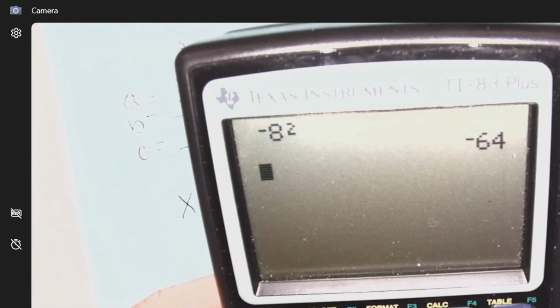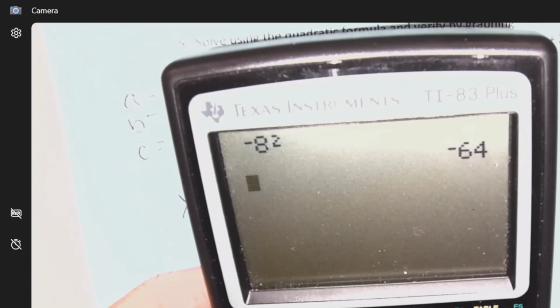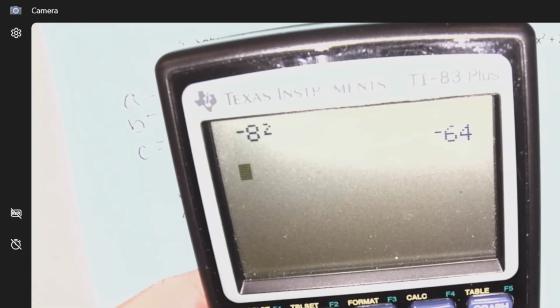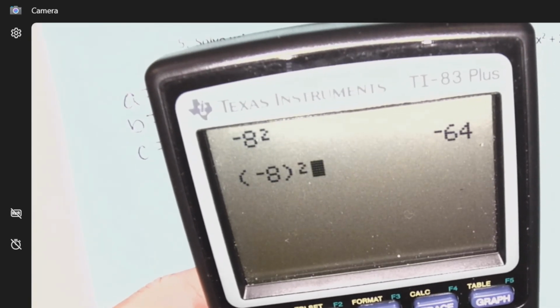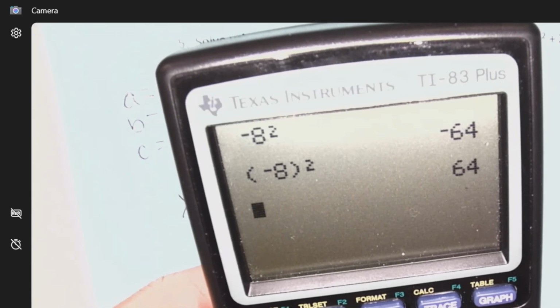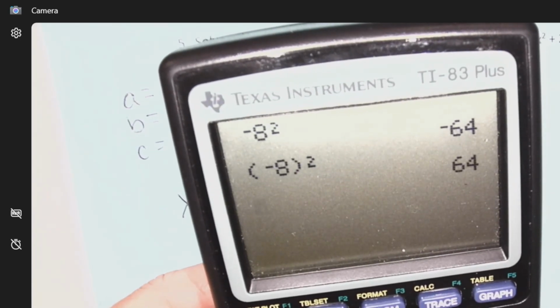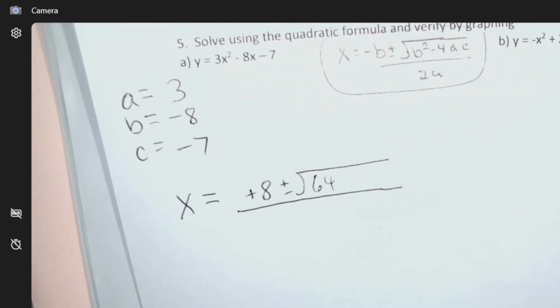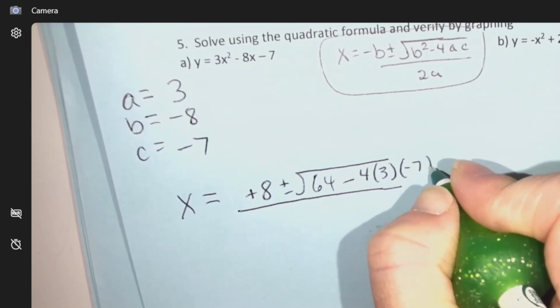Oh, negative 8 squared. No, this is wrong. What did this person do wrong in their thinking? They didn't understand the idea of negative 8 squared. Positive. Minus 4 times 3 times negative 7.